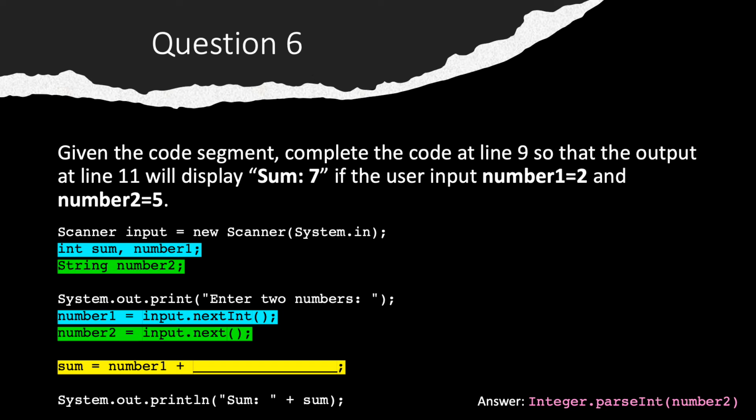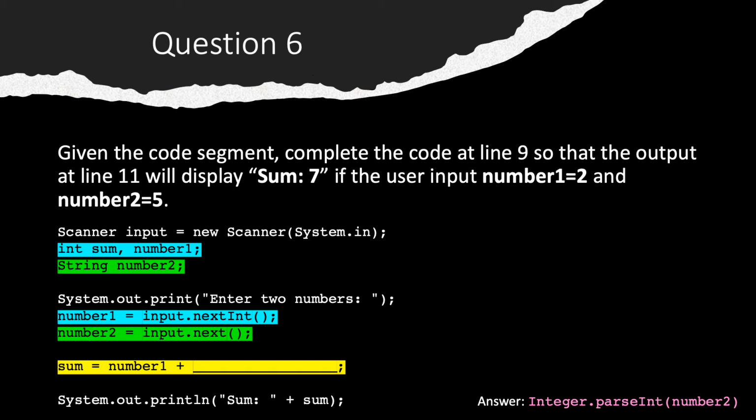When we want to do the addition, we are adding number 1, which is type int, and number 2, which is type string, then keep the addition value to a variable called sum that is of type int. So, if we write straight away sum equal to number 1 plus number 2, it will give us an error because we are trying to add int and string and give it to an int sum.